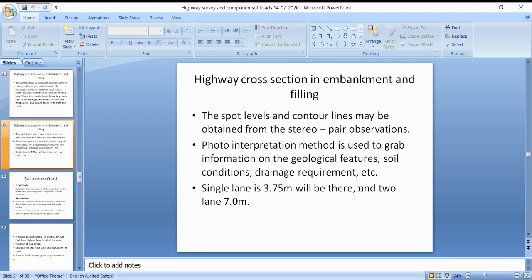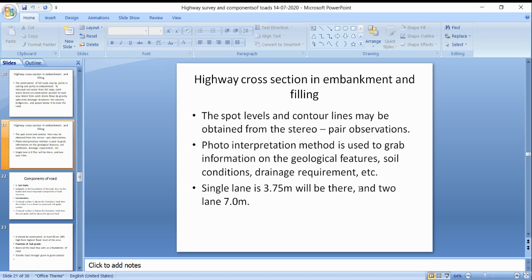Next, the spot levels and the contour lines may be captured by stereo pair photographs. The photo interpretation method is used to grab information from the geographical features. Soil condition and drainage requirements also we have to see.